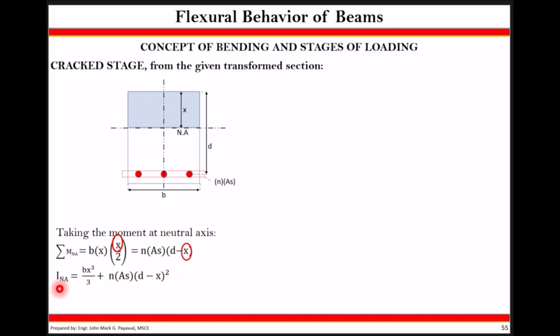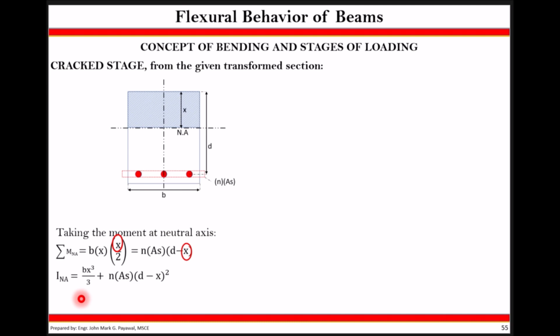So ito, i-explain ko sa problem din mamaya. Bakit siya naging ganito na? I-memorize mo na lang na INA would be equal to bx cubed over 3 plus nAs multiplied by (d minus x) squared.